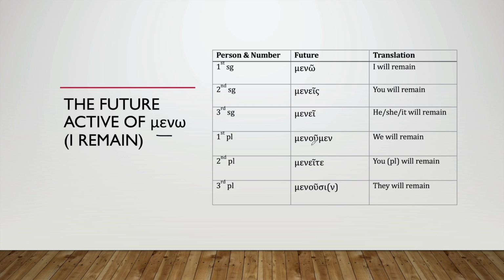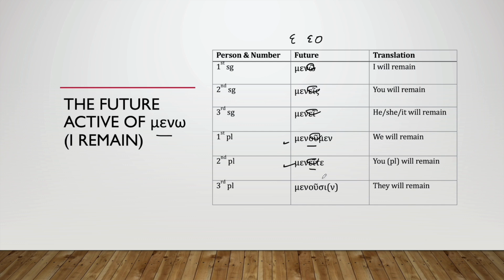The only difference here is we see vowel contraction in the first plural and the second plural. Everywhere else it behaves quite naturally, and that's because it's a combination of an epsilon and a connecting vowel, either an epsilon or an omicron. And it only becomes a problem here in these two where we see a marked difference. But again, note these circumflex accents all over the place.